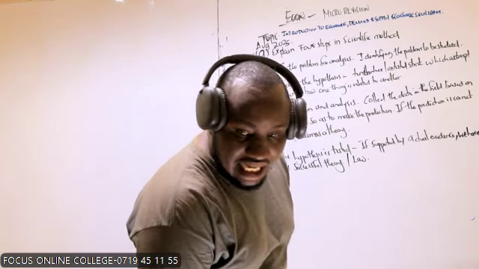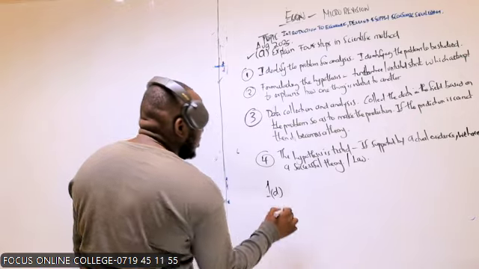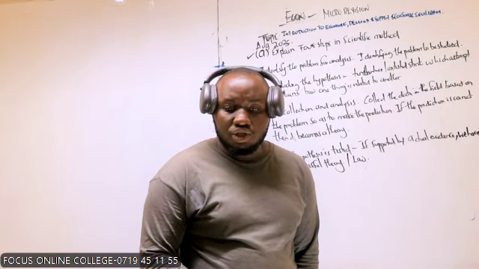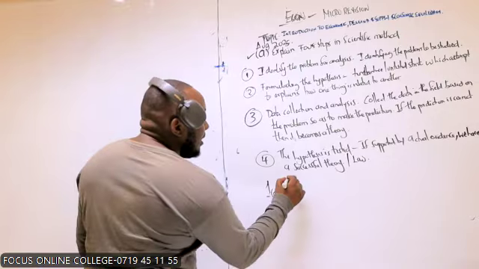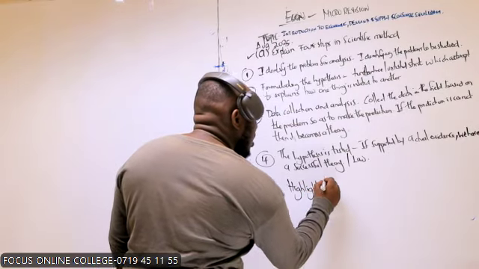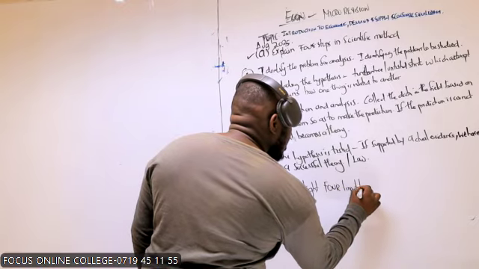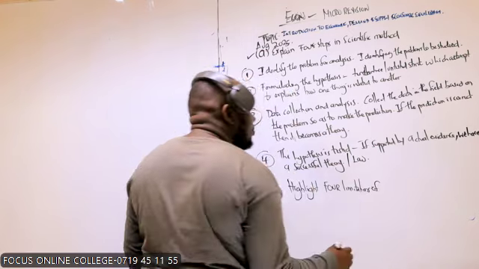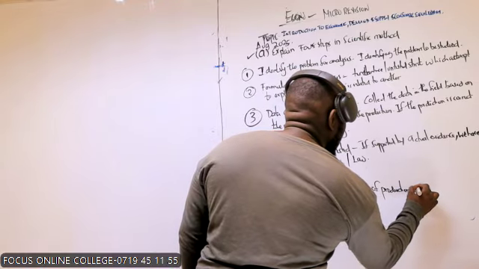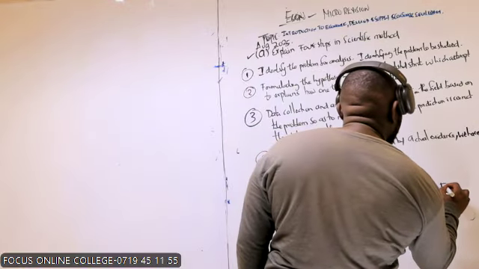For the same question 1, we have 1D. If you're there, we respond with a yes. 1D talks about: highlight 4 limitations of the production possibility frontier curve.